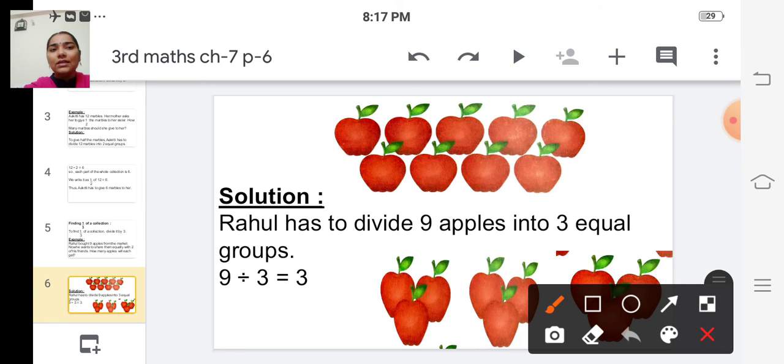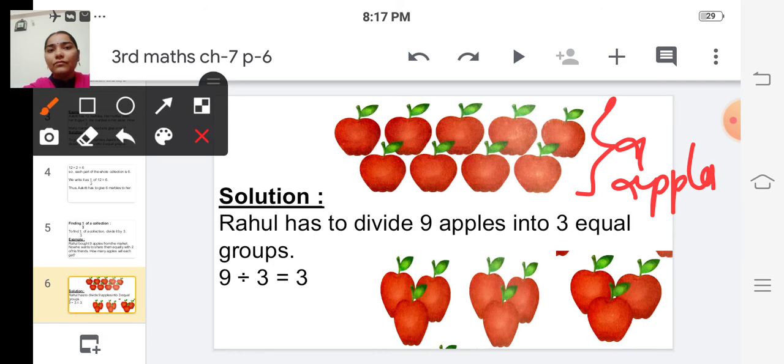So this is the 9 apples. Solution. Rahul has to divide 9 apples into 3 equal groups. So 9 divided by 3, which is equal to 3.